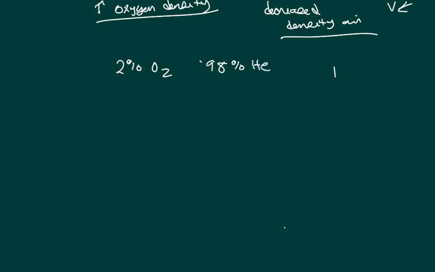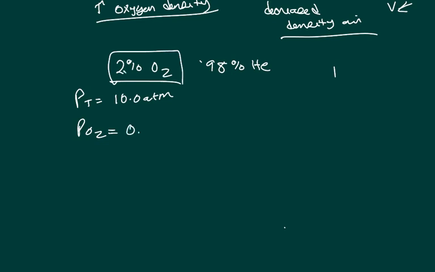In other words, our total pressure is 10 atm, and we want to calculate the partial pressure of oxygen, which is just its percentage converted to a fraction. So we move the decimal place 2 places to the left. So that's 0.02 times 10 atm.